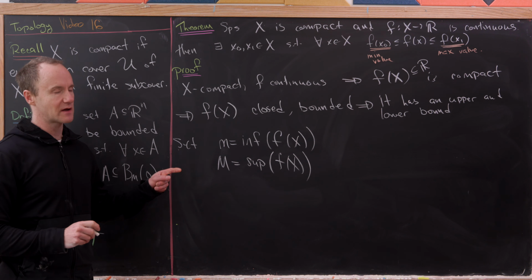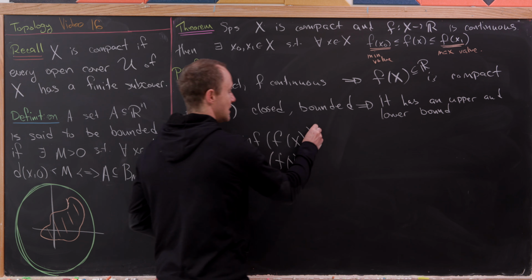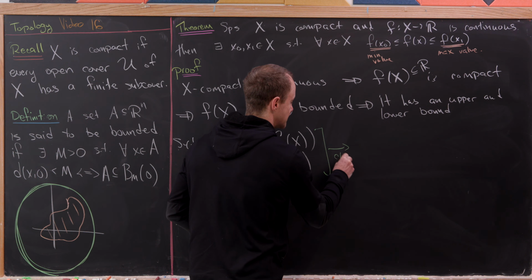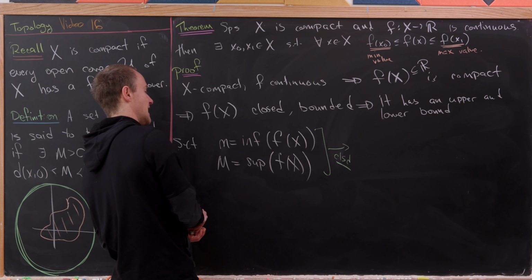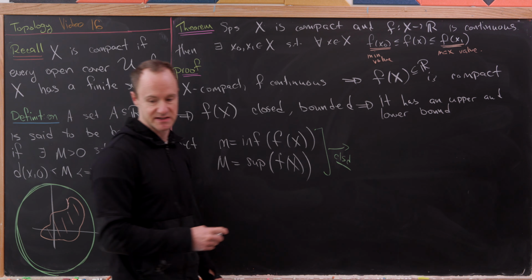Okay, so anyway, by the completeness of the real numbers, we know that those exist. And then by the closedness of our set f of x, we know that they're inside of this set.